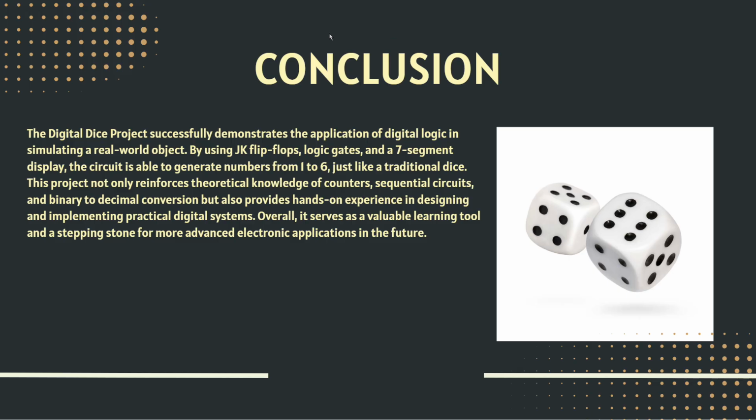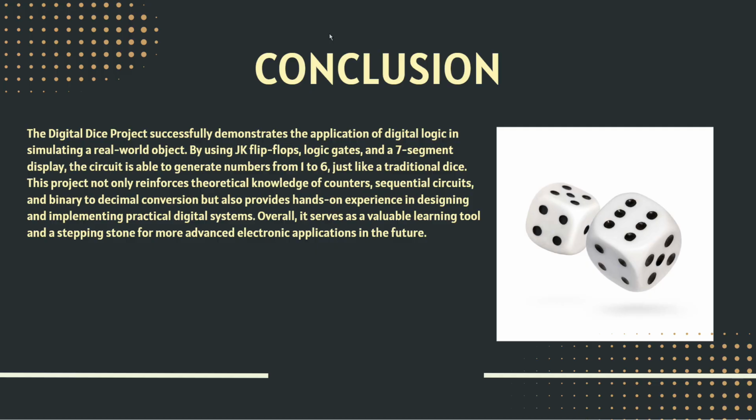In conclusion, the digital dice project successfully demonstrate the application of digital logic in simulation of a real-world object. By using JK flip-flop, logic gates, and a 7 segment display on the DE2 board, the circuit is able to generate number from 1 to 6, just like a traditional dice.